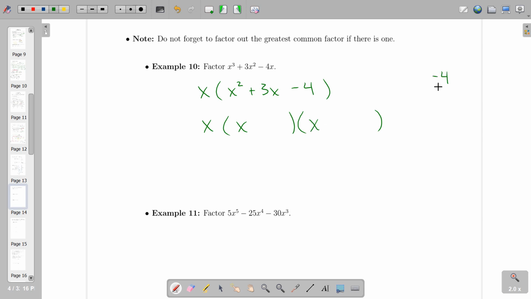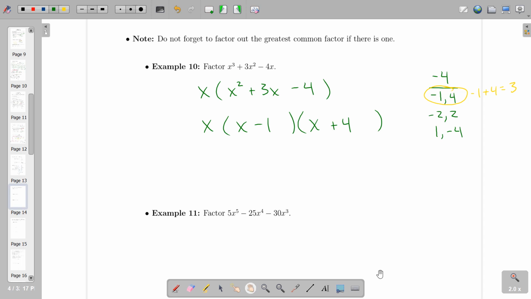And of course, negative 4, well, that could be negative 1 and 4. It could be negative 2 and 2, or it could be 1 and negative 4. And we can see that that very first one adds up to be our middle term. So I can say minus 1 plus 4. So don't forget easy factoring, factoring something out of every term.